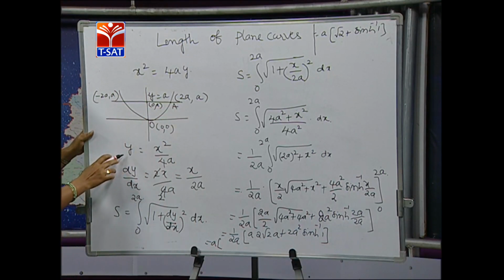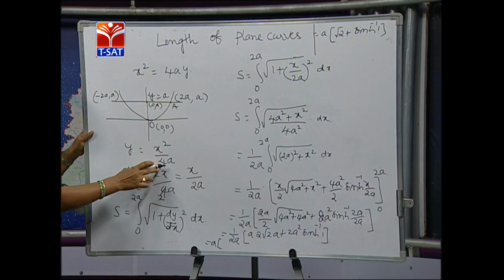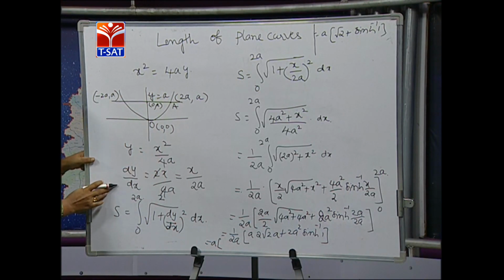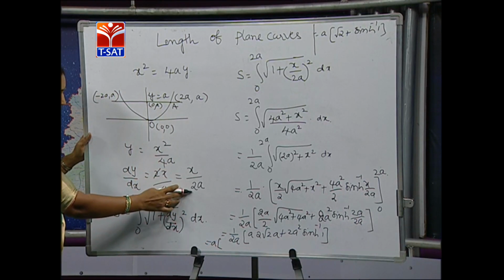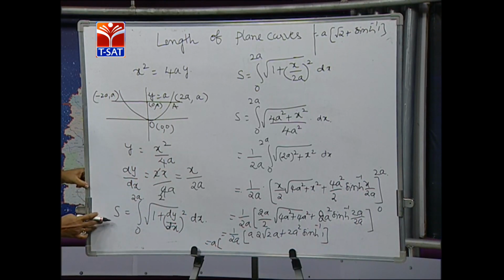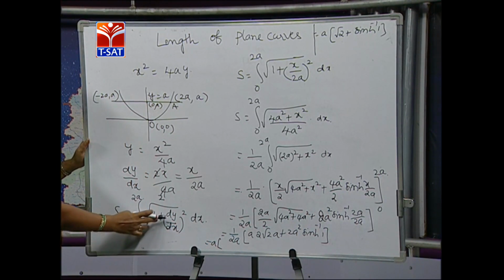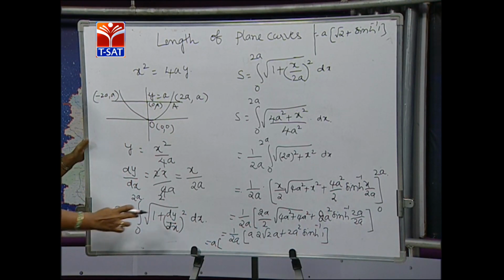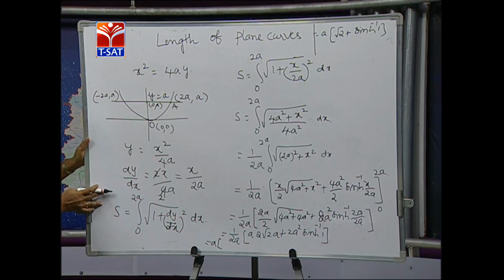So, what is the y value? Y is equals to x square by 4a. Now, differentiating with respect to x, dy by dx is equals to what we are getting? X by 2a. Now, the required length of the curve s is equals to integral 0 to 2a under root of 1 plus dy by dx whole square dx. This is the formula for the arc length.